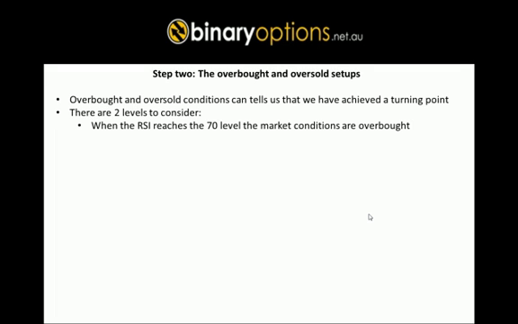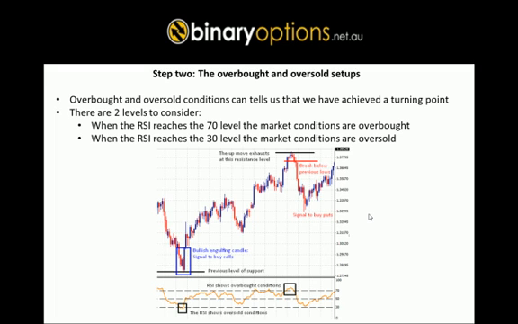When the RSI reaches the 70 level, the market conditions are overbought and we are due for a correction or a reversal to the downside. And when the RSI reaches the 30 level, the market conditions are oversold, which means that we are due for a move to the upside.